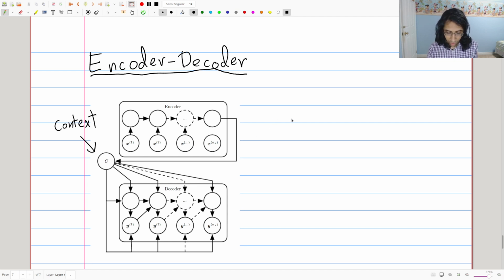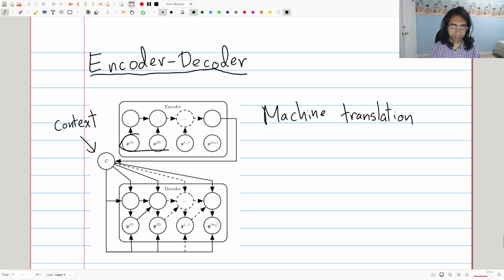Let me give you one example where this is very common, which is machine translation. The idea is the following: first you would feed in your sentence as these x's right here, whatever sentence you want to translate.